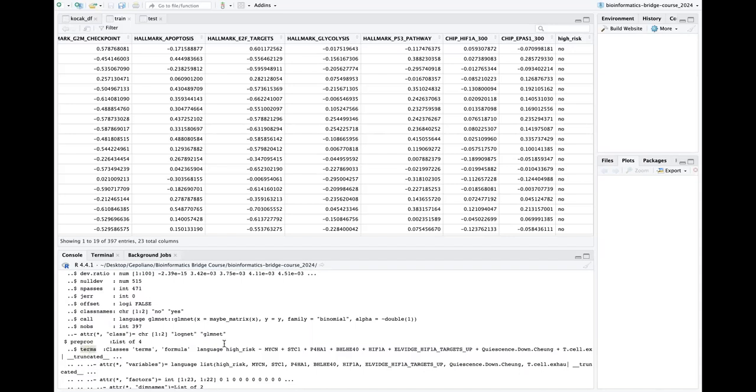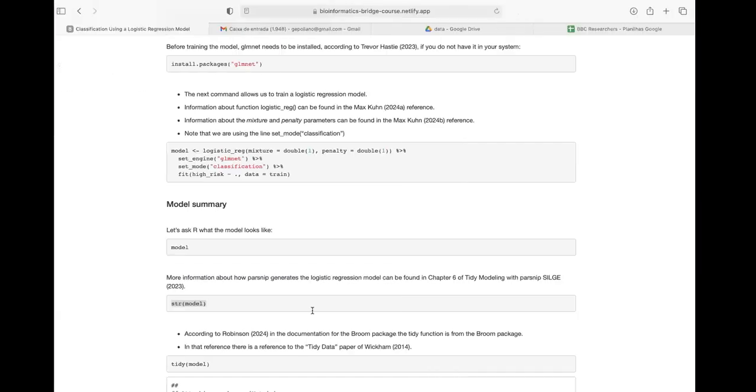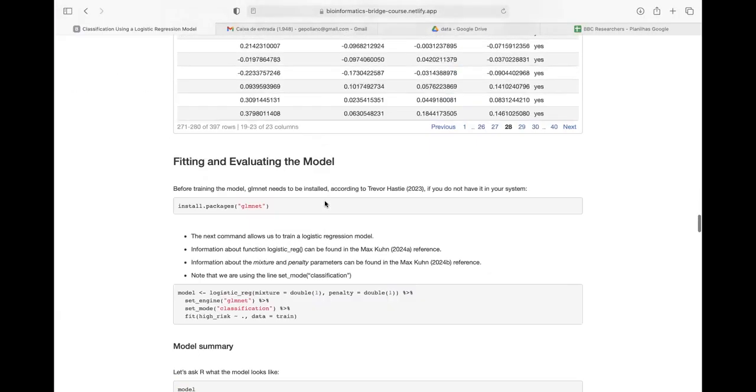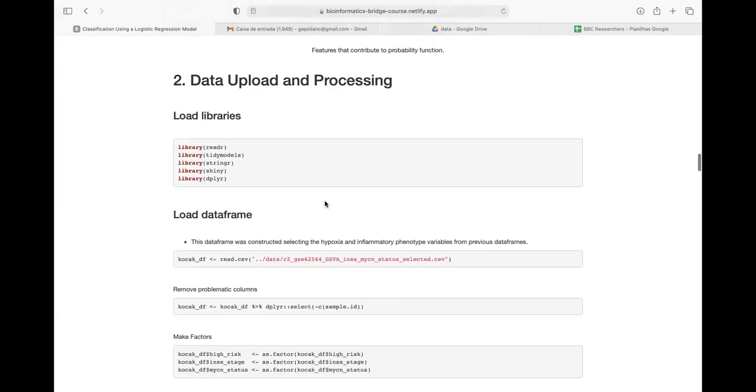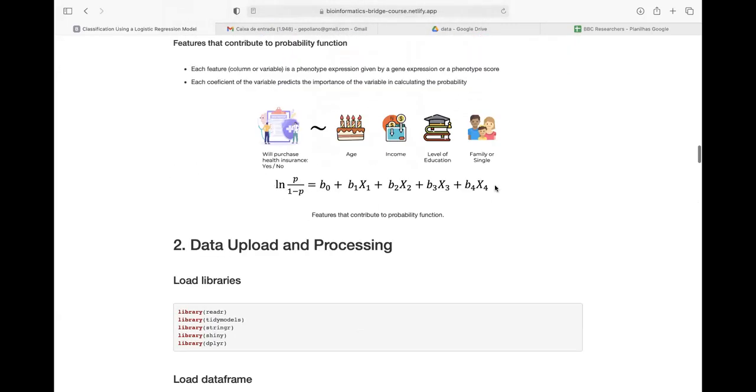In this line here, terms, it's interesting because it seems like what this is doing is it's calculating high risk using these predictors. And this seems to be the equation of the model summary. It seems to be this equation.